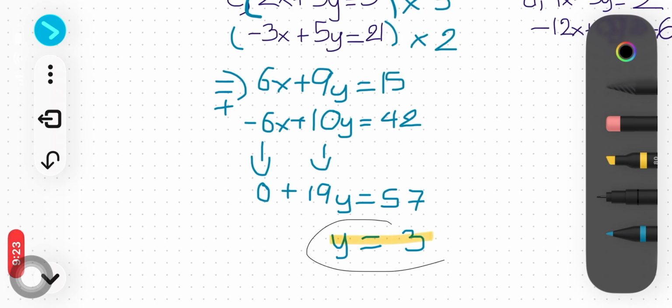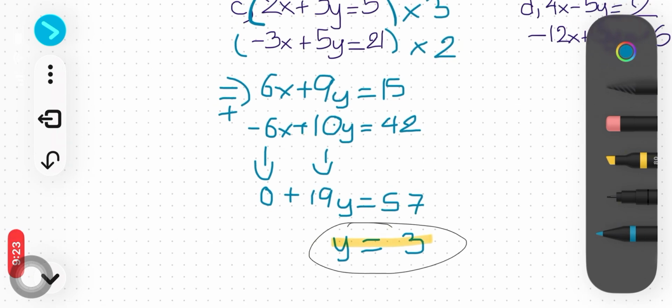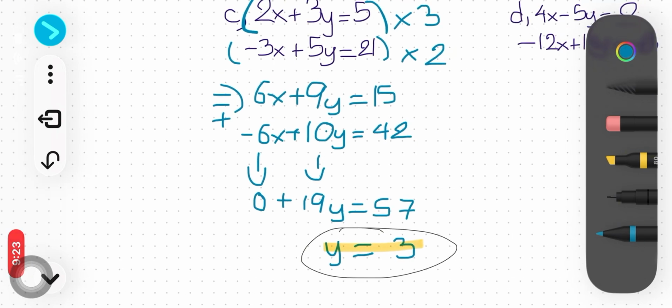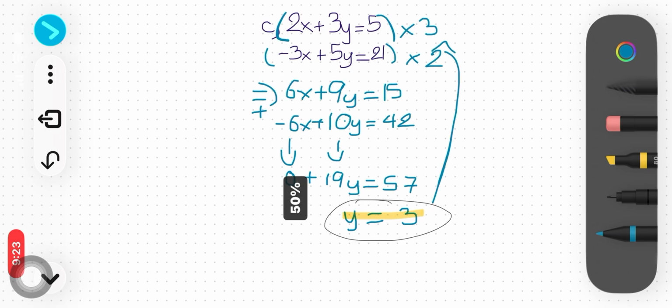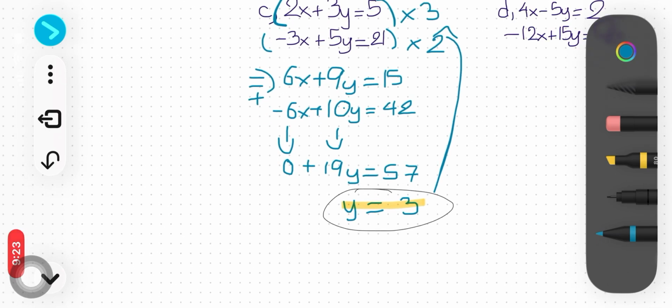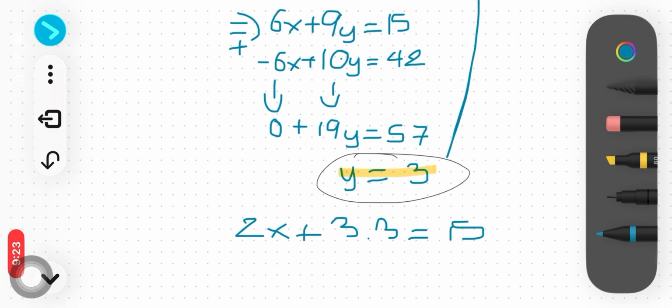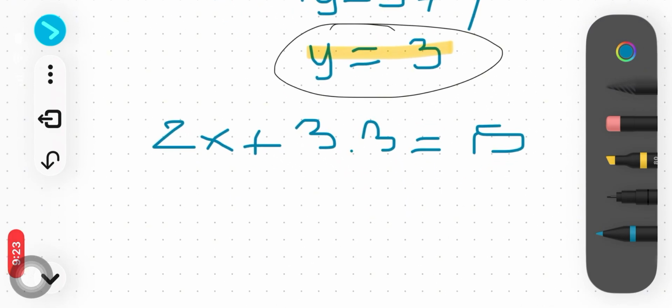And then I'll plug this into one of my equations. I will choose the first one. So now I have 2x plus 3 times 3 equal 15, which is 3 times 5.